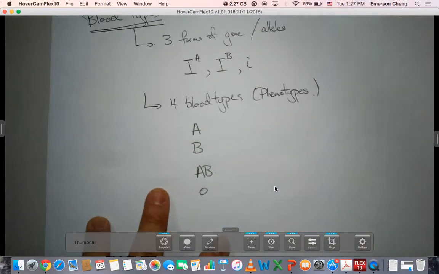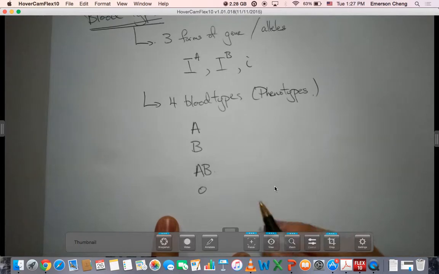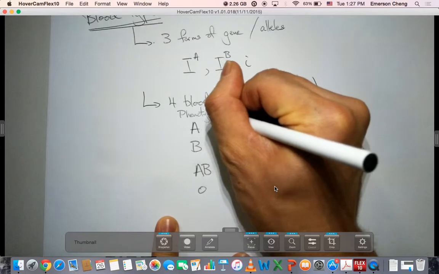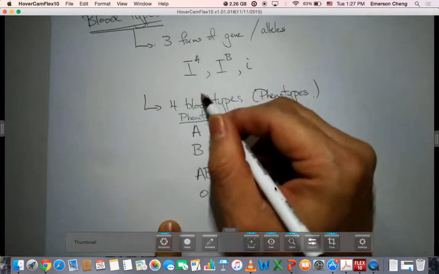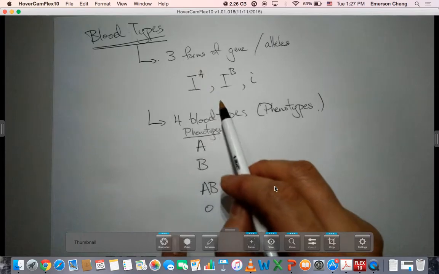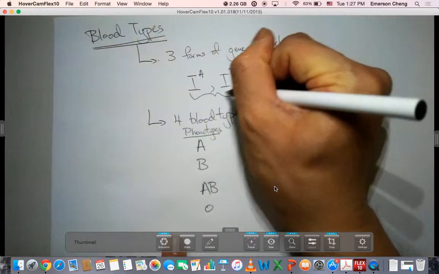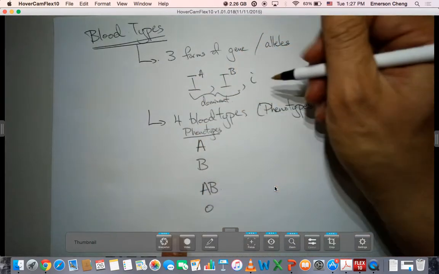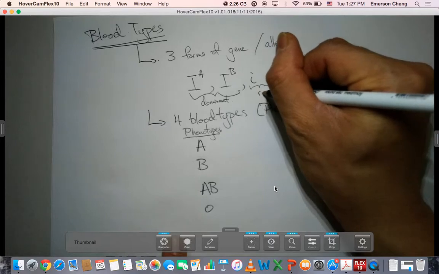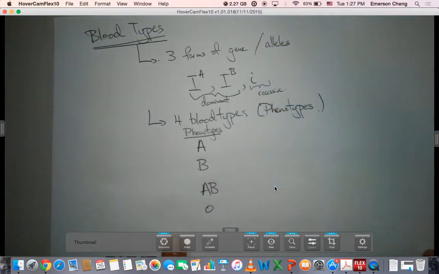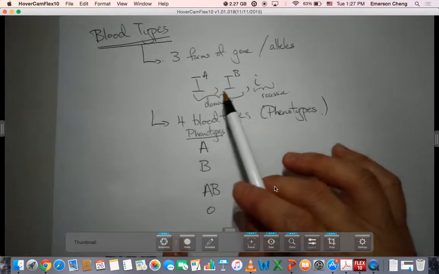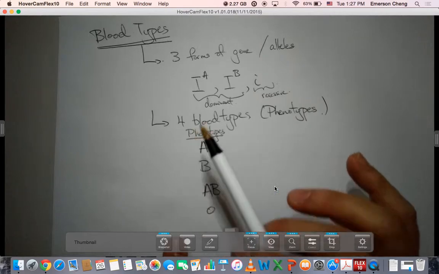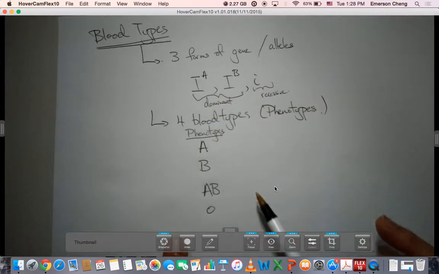Now, these are phenotypes, which correspond to the following. A couple of things: the IA and IB are dominant, noted by the capital letters. The small i is recessive. These essentially code for the different types of antigens you have on the surface, I believe, of your red blood cell, but I do need to look at that note again.